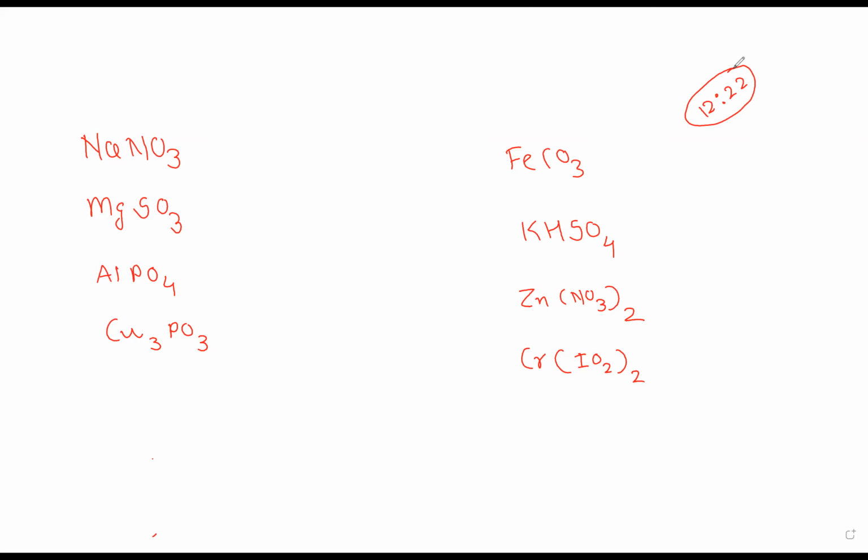Remember, the number is not going to make any difference when we name an ionic compound. All you have to do is remember how to name the cation and anion. That is FeCO3, that's right.